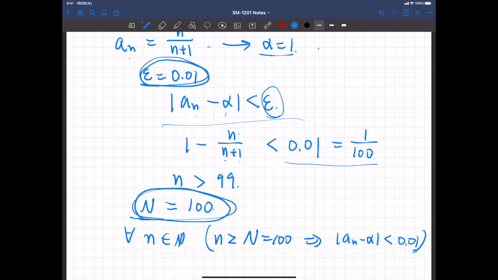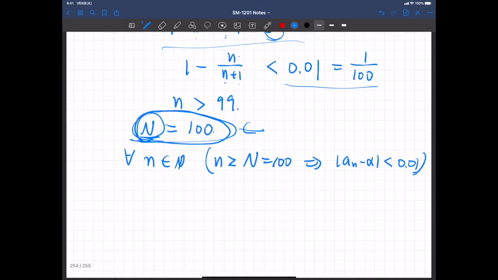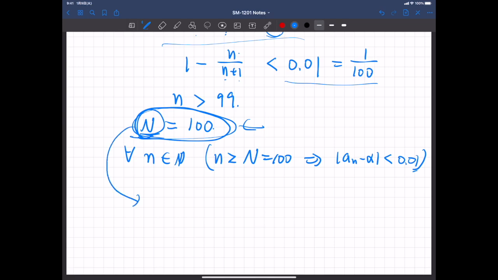But if you choose another value for epsilon, like 0.001, then the value of capital N should be different, I think larger. So in general, there is no one value of N that fits all values of epsilon. That's important. For this reason, some people want to write this N as a function of epsilon, because it does depend on the value of epsilon.